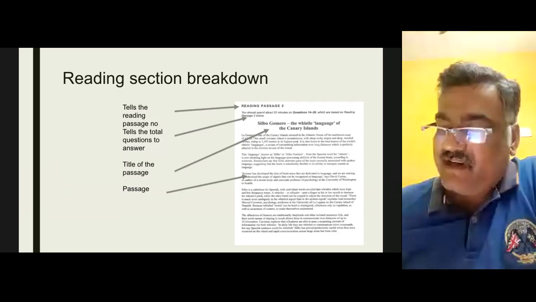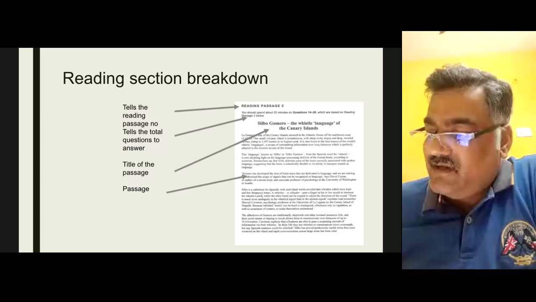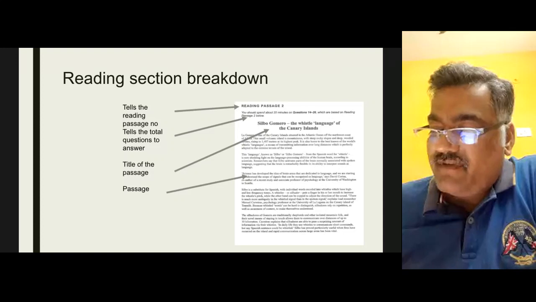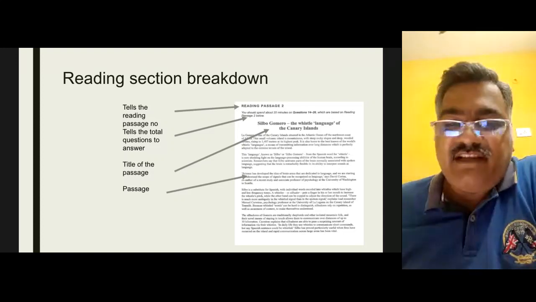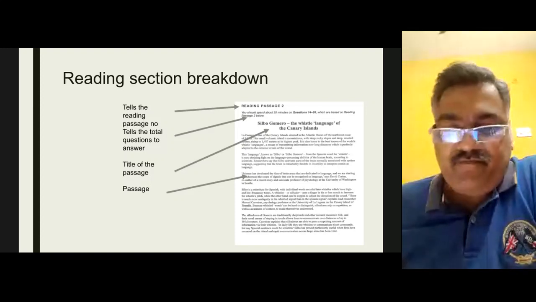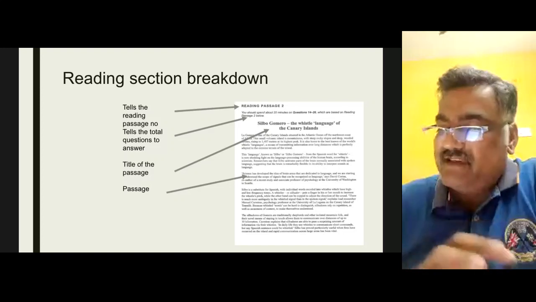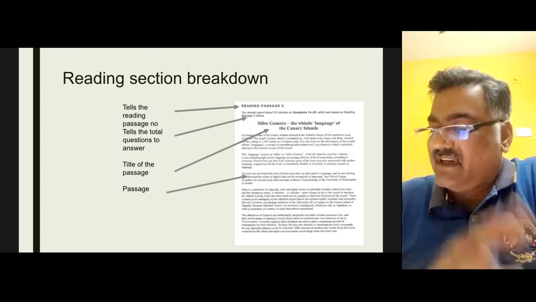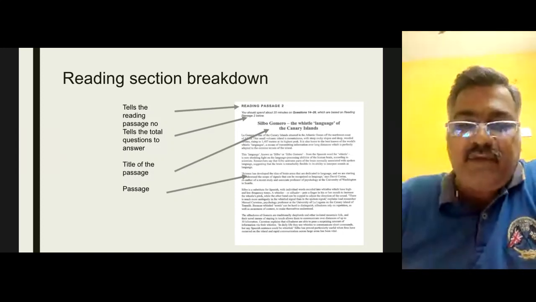For example, in this reading page, you can see the instruction: you should spend about 20 minutes on questions 14 to 26, which are based on reading passage 2 below. So it's informing us that there are around 13 questions from this passage. You just have to be aware of that.